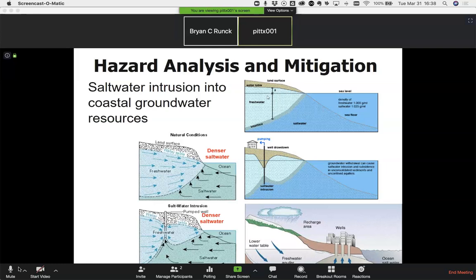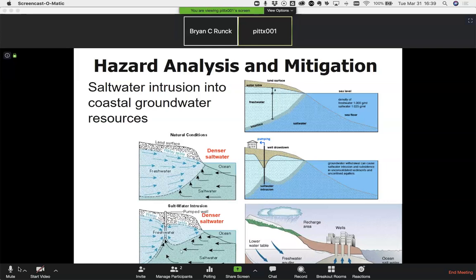If we sink wells into the freshwater, as we have in the middle diagram on the right-hand side, and start pumping and overdraw the well water from the freshwater, we will actually begin to cause saltwater intrusion into the freshwater aquifer, resulting in contamination of the freshwater well by saltwater.